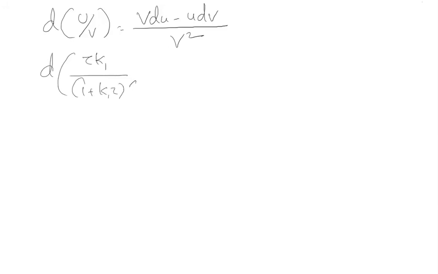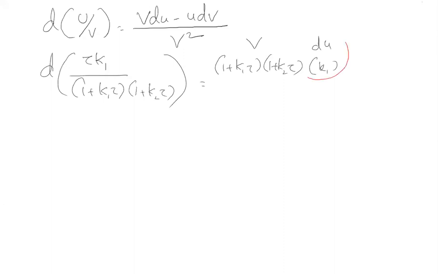What is v? 1 plus K1 tau into 1 plus K2 tau. This is what v is. What is du? It is simply K1. This is what du is.